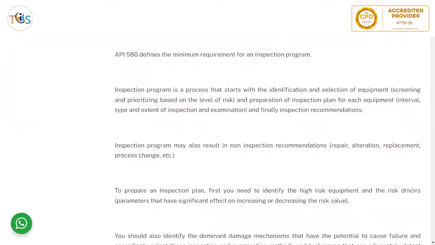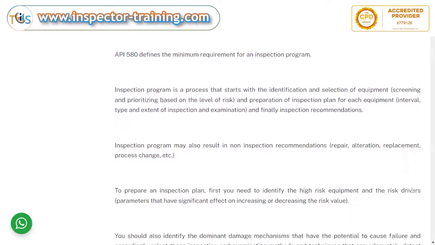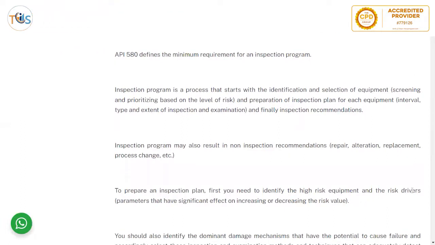API 580 defines the minimum requirement for an inspection program. And the main output of API 580 is the inspection program. The inspection program is a process that starts with identification and selection of equipment, screening, and prioritizing based on the level of risk, and preparation of an inspection plan for each equipment: interval, type and extent of inspection and examination, and finally, inspection recommendations.